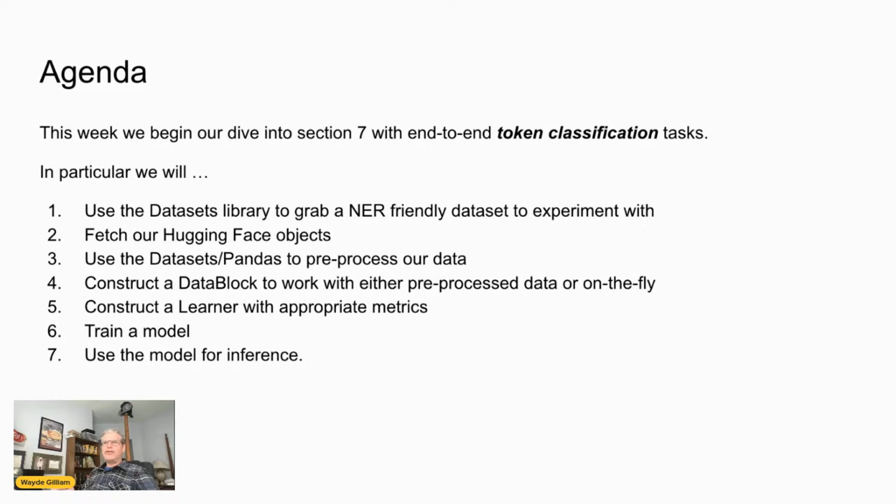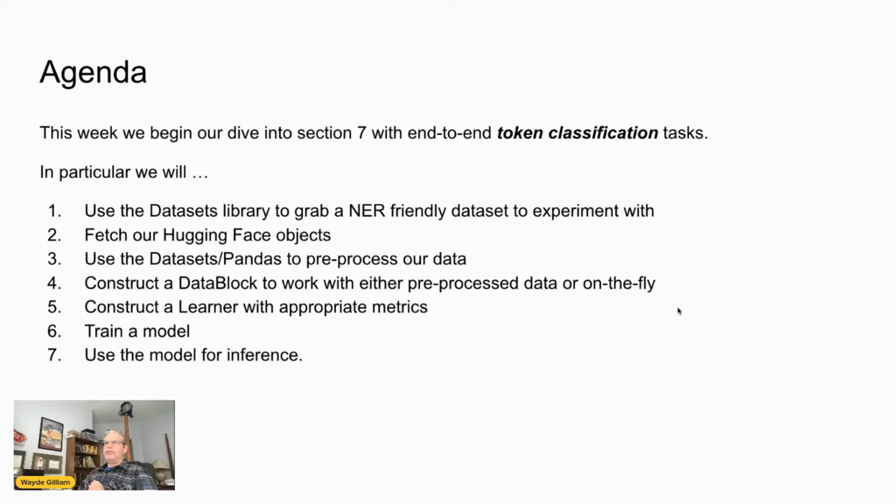They also provide more information about configuration, and about when you want to push what you trained to the Hub and use it through their inference widgets. So make sure you check that out this week, especially for token classification.